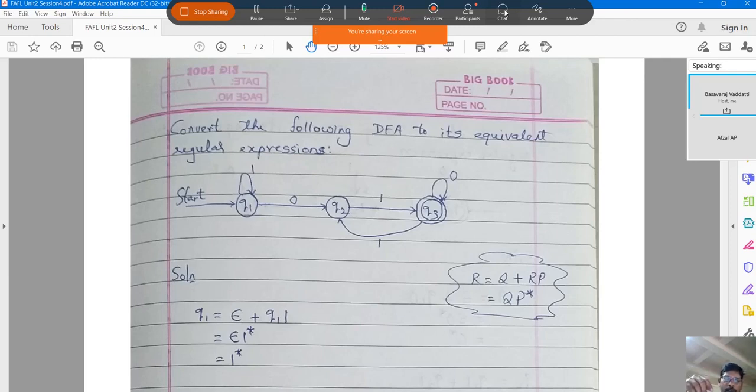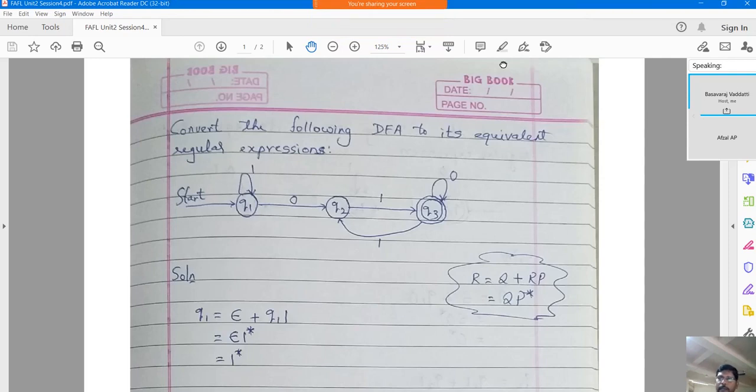And this closure operator is also called the Kleene closure operator. That is a star. That is the closure operator, then the union operator, and the concatenation operator. These are the three operators which are used in regular expressions. In today's session, we'll try to address how to convert a given DFA to its equivalent regular expression.